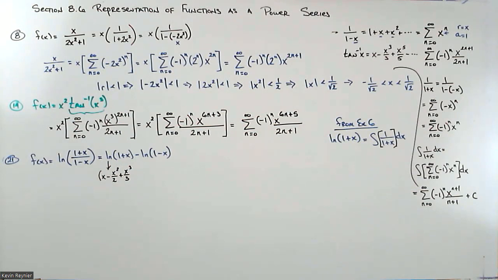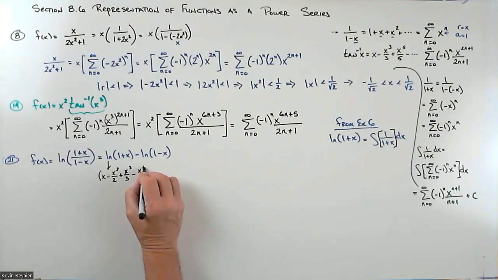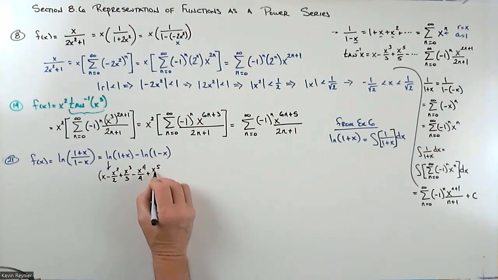And this is what we would have gotten right here if we would have just plugged our numbers in. We did the work as well. And then they get minus x to the 4th over 4. And we'll just write one more down. It's going to be x to the 5th over 5.